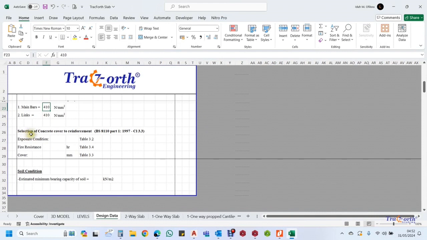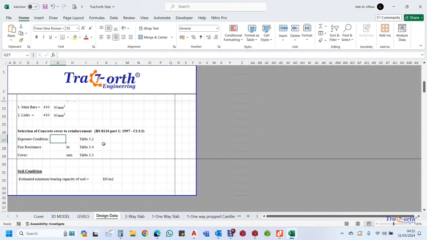Then the next thing is for you to determine the concrete cover to reinforcement, and this is covered in BS 8110 Part 1, 1997, Clause 3.3. Everything you need to know is there, which tells you about the exposure condition. And in Table 2, you have the mild condition, moderate, severe, very severe, and very, very severe.